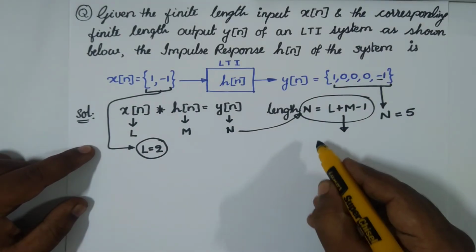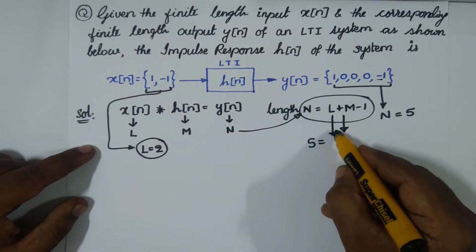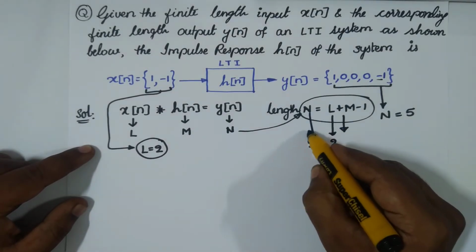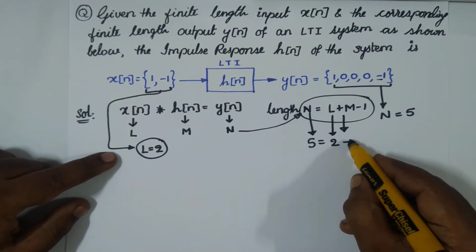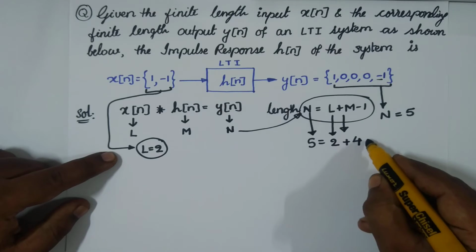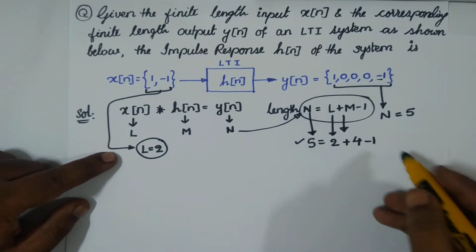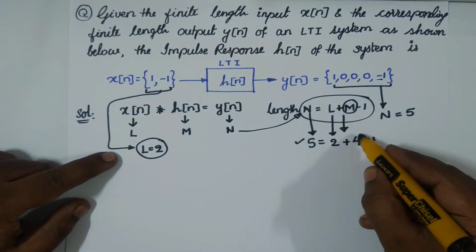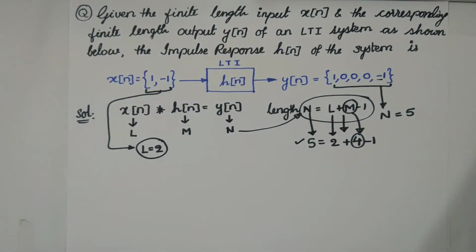Now just apply it here. What must M be? M must be 4. Therefore 2 plus 4 minus 1 equals 5, satisfied. That means the length of h of n must be 4.